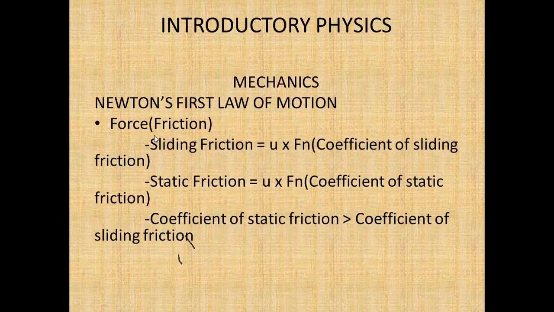So looking at frictional forces again, sliding frictional force is equal to mu times the normal force. Again, remember the normal force is the force pushing up on the object to keep it stable. Where this mu in the sliding frictional force is the coefficient of sliding friction. The coefficient of sliding friction is different from the coefficient of static friction.